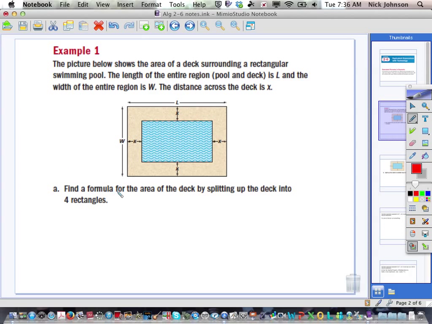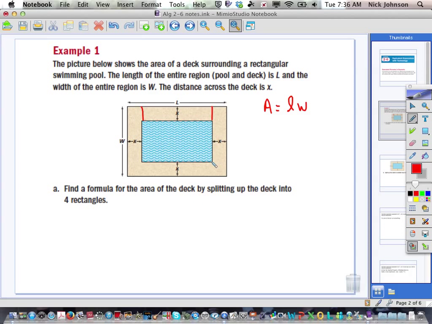A says, find a formula for the area of the deck by splitting up the deck into 4 rectangles. First of all, we've got to know what area is. Area equals length times width, correct? It says break this up into 4 rectangles. Well, let's do that. If I draw a line here and here, there's 1 rectangle.